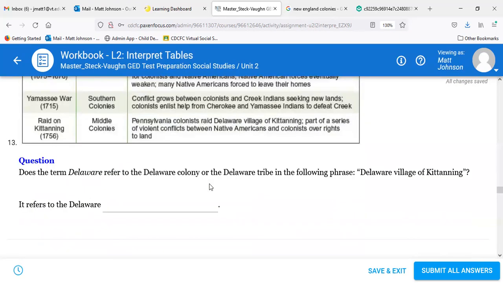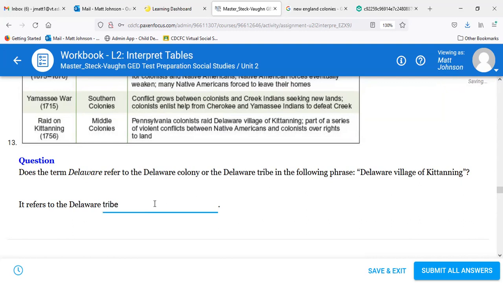And 13. So here, does the term Delaware refer to the Delaware colony or the Delaware tribe in the following phrase, Delaware village of Kittanning? Does that mean colony or tribe? It's actually the tribe. It's one of those you kind of have to reason through.